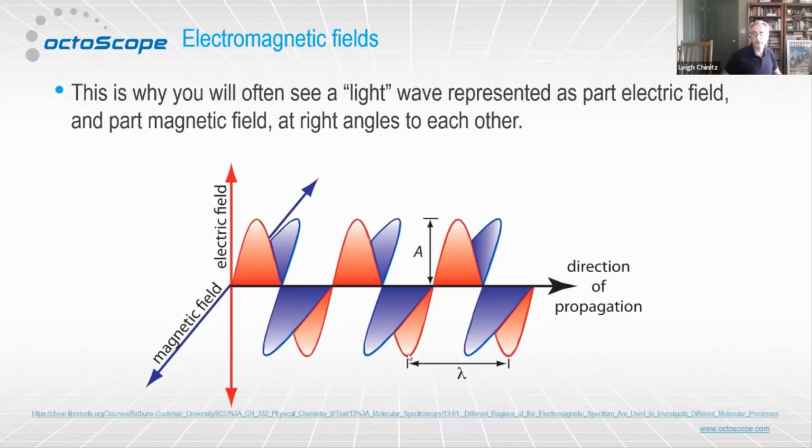The only difference really being the wavelength, shown here as lambda. That's usually the way people talk about wavelengths. So the distance between the peaks of these fields.